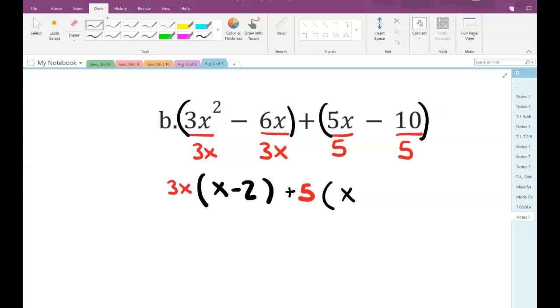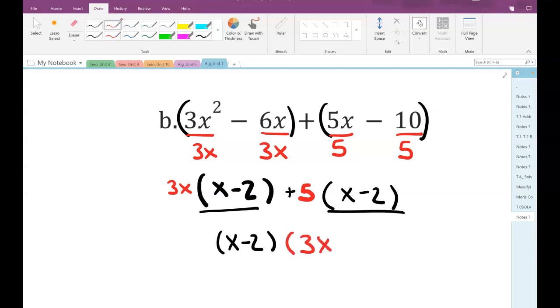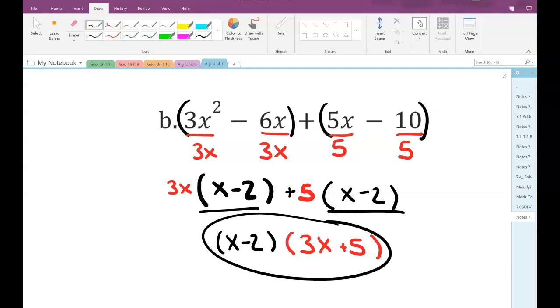We take 10 divided by 5, that's negative 2. Yeah, these two match. So those get grouped together to become one factor. So we get x minus 2. And then the second factor would be 3x plus 5. So there's your second factor.